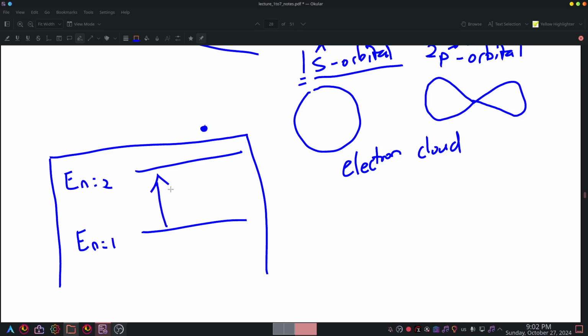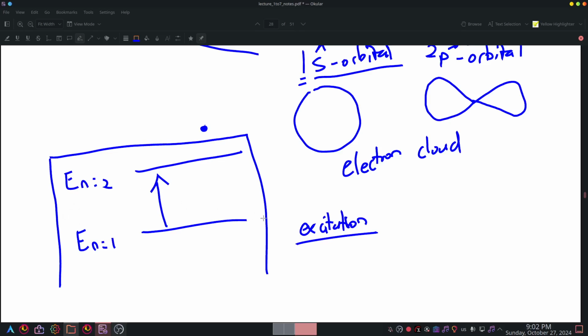Basically, if you supply energy to the electron cloud, you can excite the electrons. So this is called excitation. You supply energy to the atom, the hydrogen atom in this case, and you can excite this electron cloud.